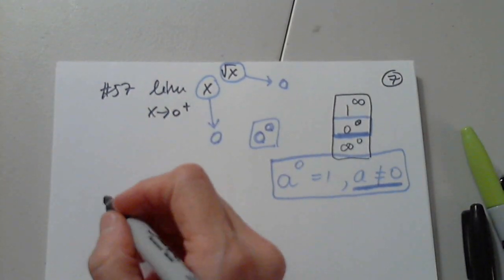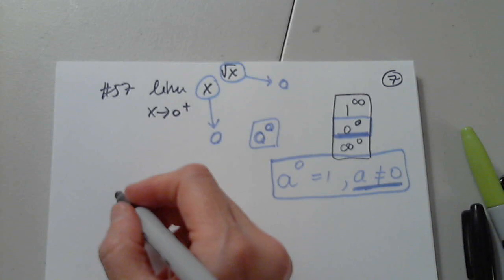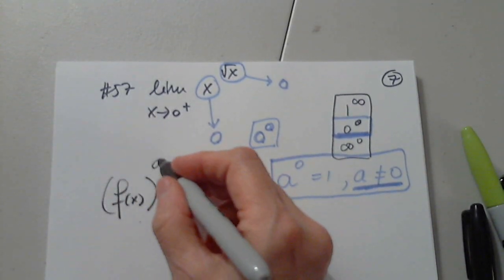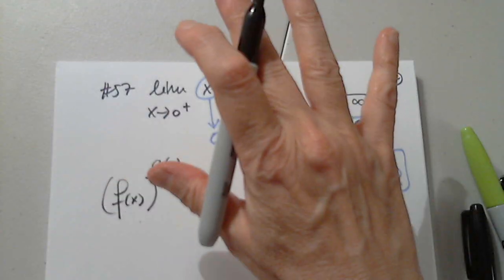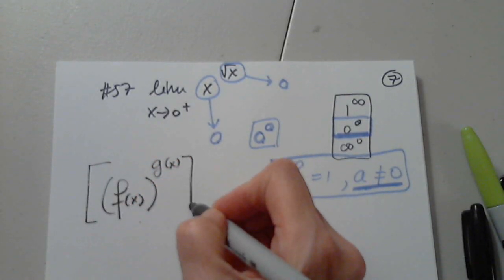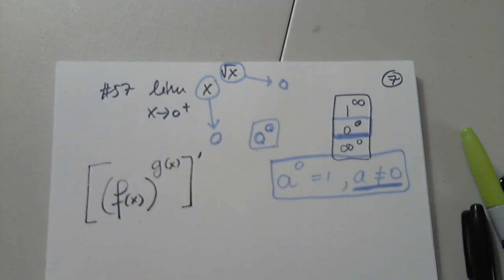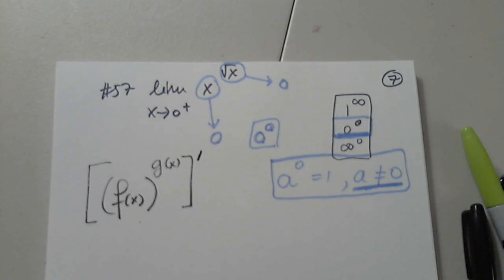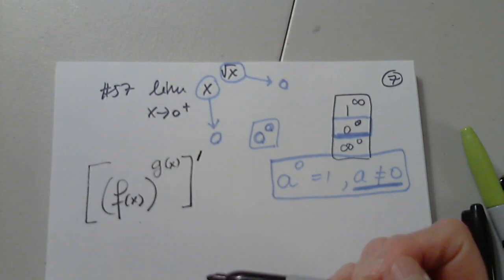So then, anyone remembers what we did when we had a function, f of x, raised to another function? I know this is not what we are trying to do now, but can anyone refresh our memory how we apply what we did in this case? A long time ago. How did we differentiate a function raised to a function?